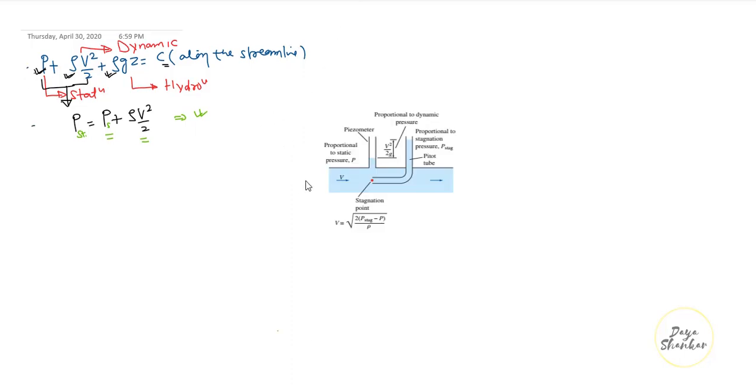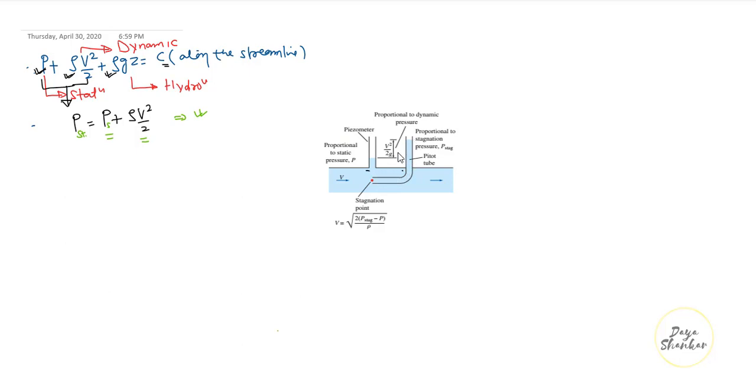Now let us consider this picture. Here this blue color represents a fluid which is flowing with a velocity V, and you can consider this as a tube with two holes, through which we have inserted two different small narrow tubes. One is known as a piezometer and another is known as the pitot tube.